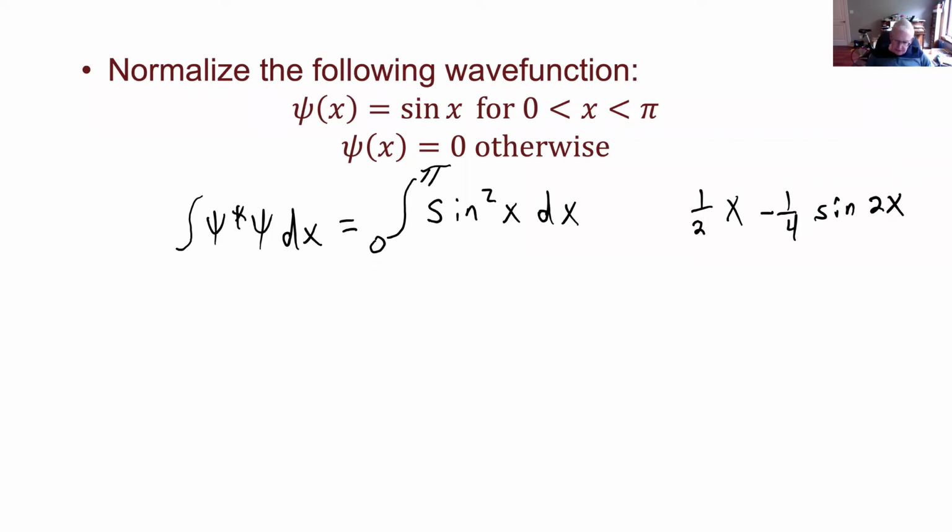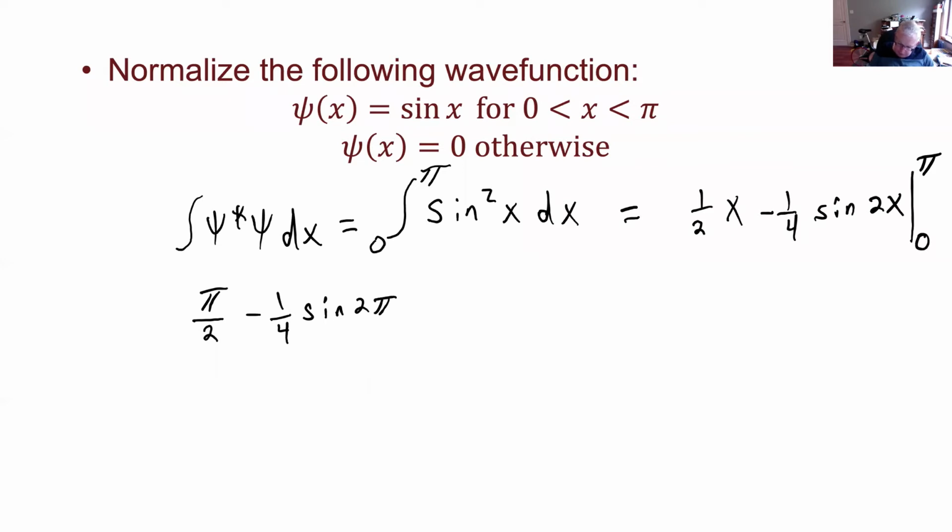So I need to take that and evaluate that at 0 and at pi. And if I do that, what am I going to get? I'm going to get a pi over 2 from the first term, right? I get pi over 2, I get minus 1/4 sine of 2x, so I get 2 pi there.